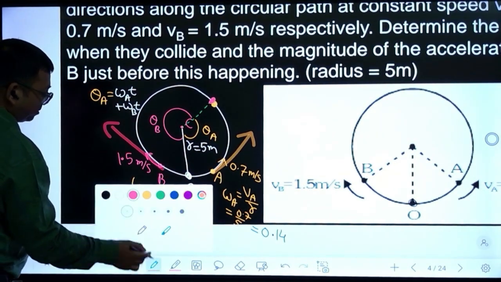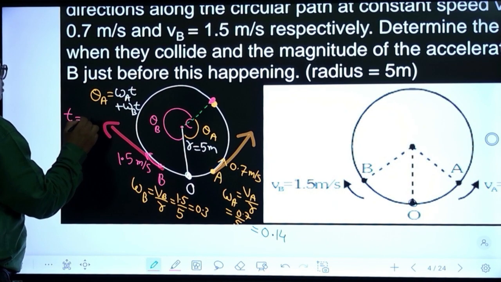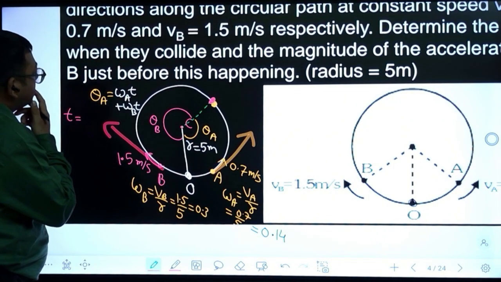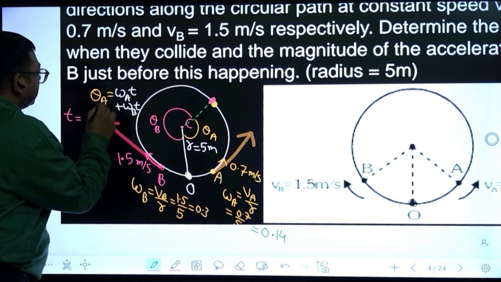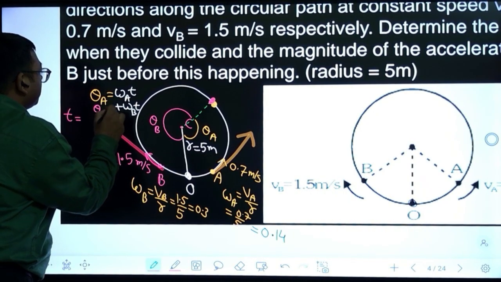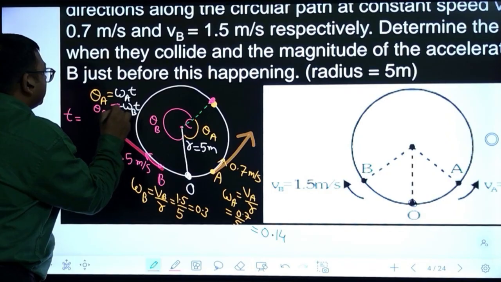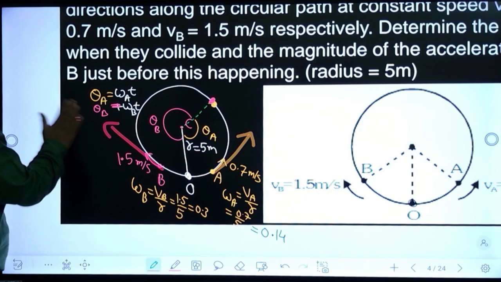Let us solve for time. Theta A is omega A t. Theta B is equal to omega B t, correct? So theta A plus theta B we can do now.